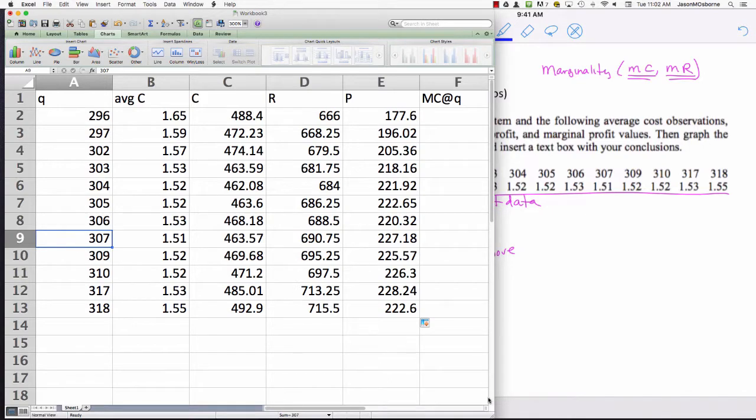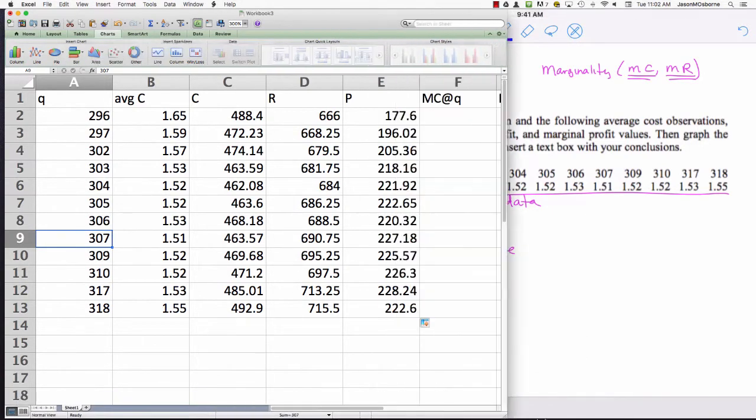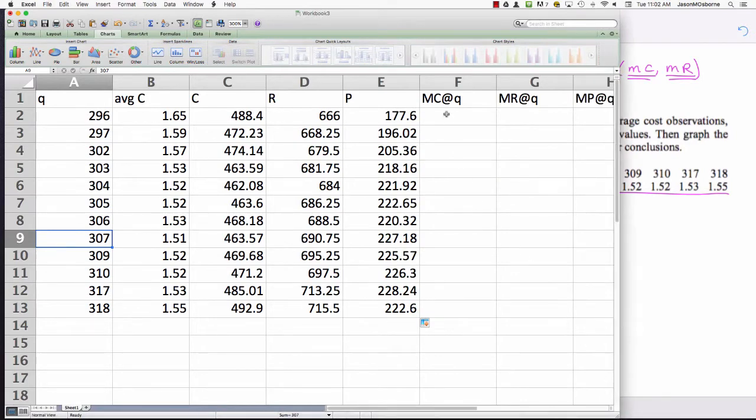Now, let's start looking at various marginal ideas. Look at your marginal cost at a production level of 296. What's the cost for the 297th item?